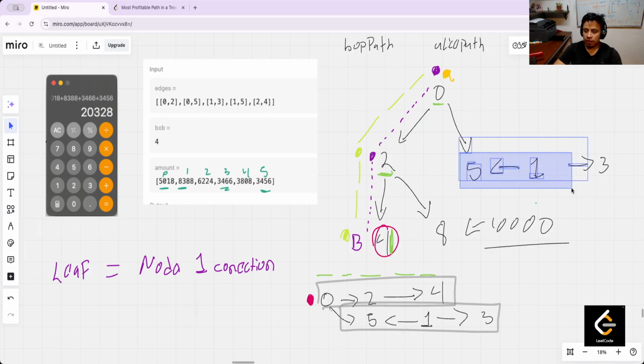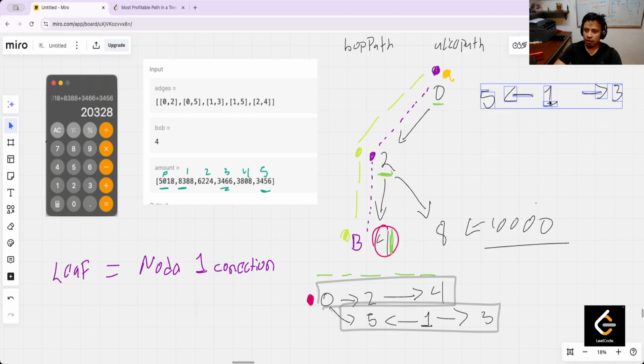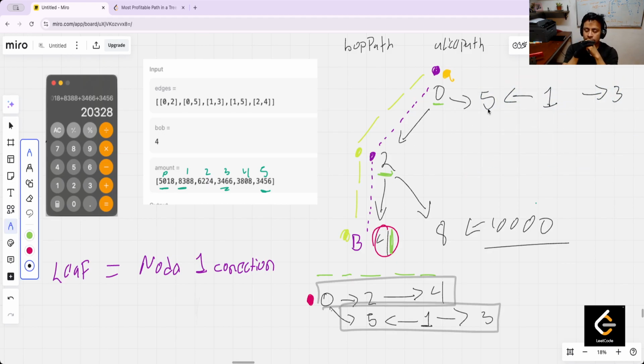And even if I see this, I can put here the amount, for example, 3, 4, 5, 6, 7, 8.